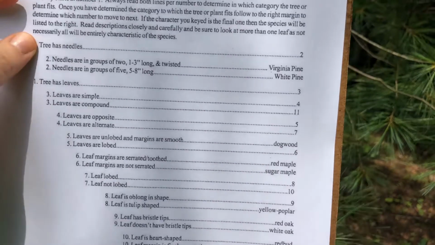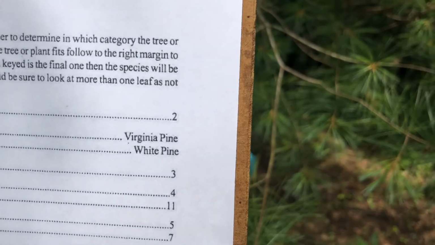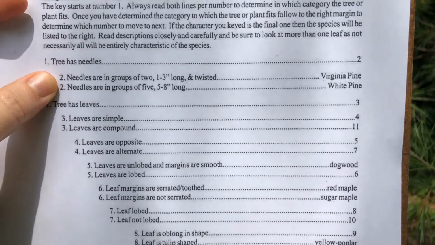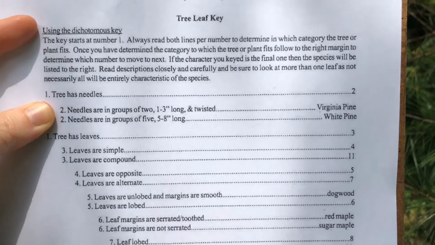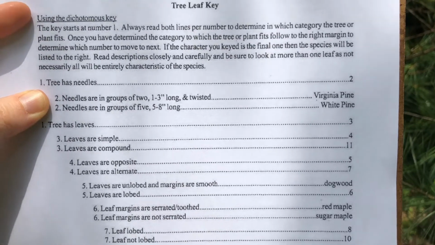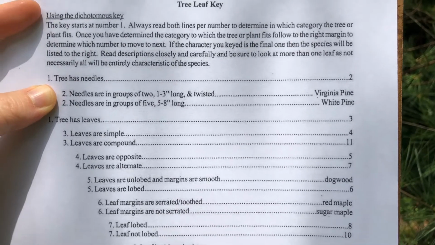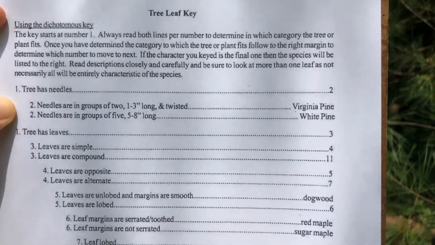So if our tree has needles, we're going to move down. See, it says number 2. We're going to move down to number 2. Now the next question is, are the needles in groups of 2, 1 to 3 inches long and twisted, or are the needles in groups of 5, 5 to 8 inches long?